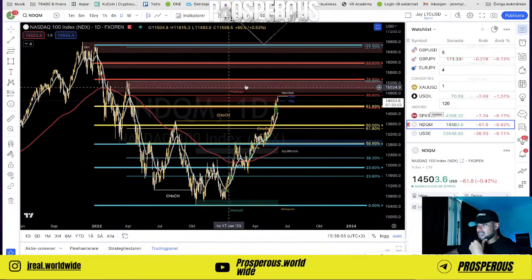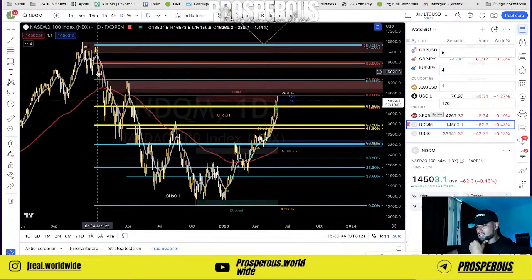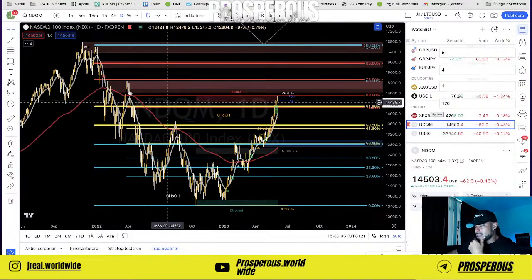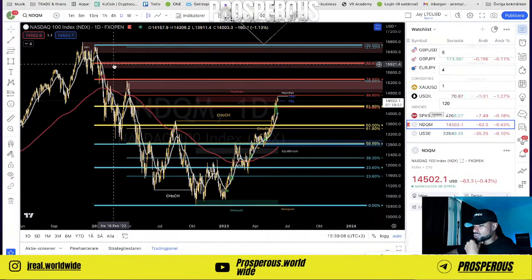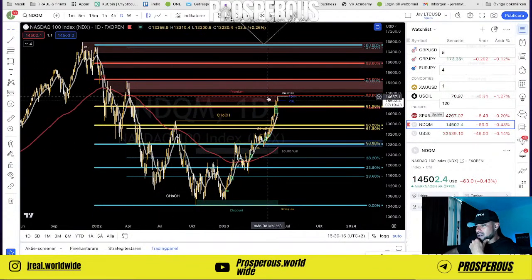You see this high? And the fib 78.6 retracement from this whole swing that started in, what was it, January, December. I'm talking about December last year, January last year. So this is from more than a year ago. And we have the bottom of that supply zone up here.